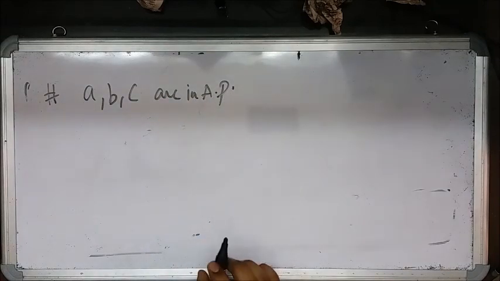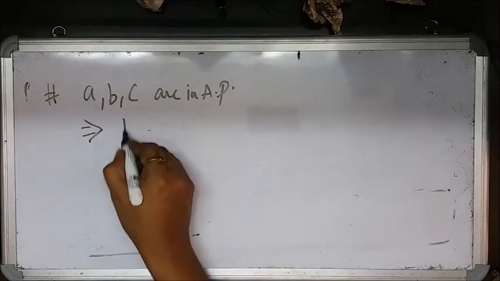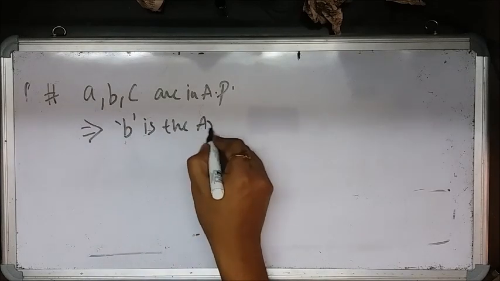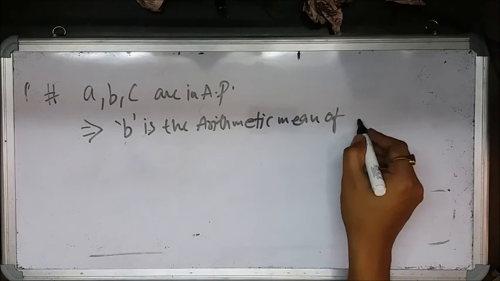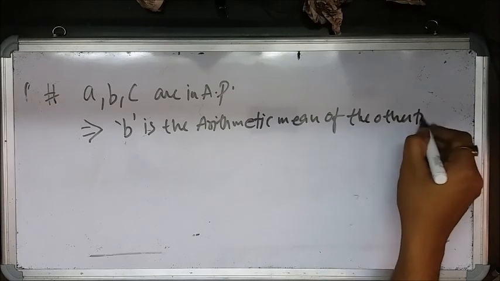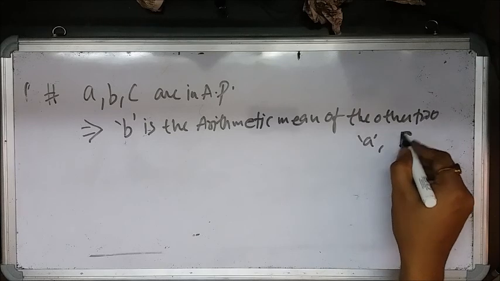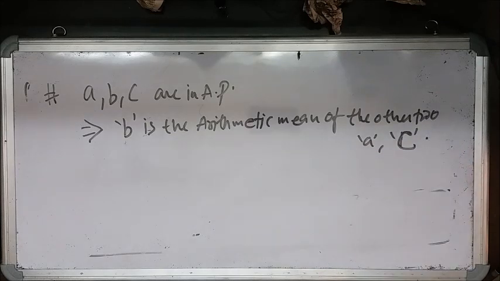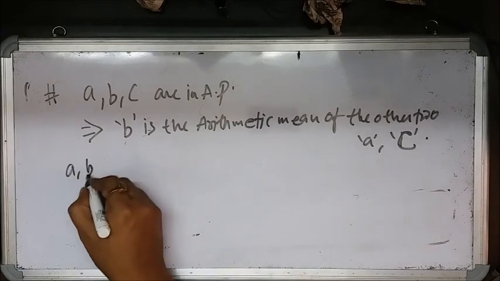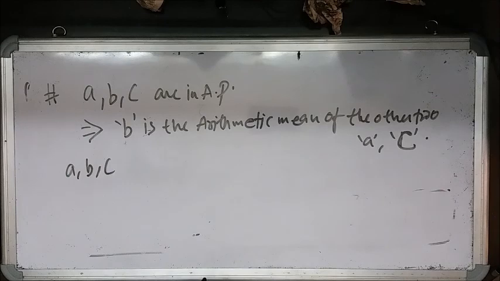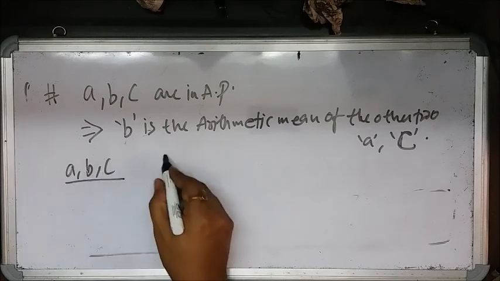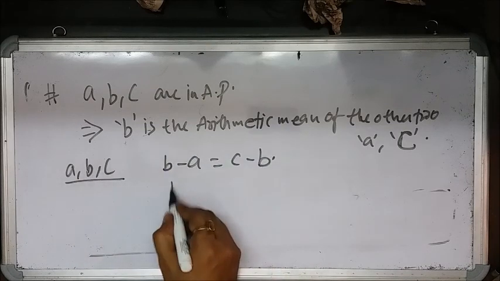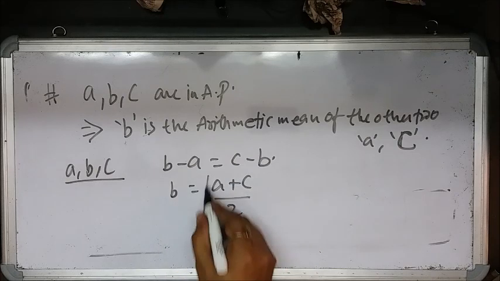If A, B, C are in AP, that implies that B is the arithmetic mean of the other two, that is A and C. So if I ask you to find the arithmetic mean of A and C, then that will be B. So can I say from here that if A, B, C are in AP, B minus A will be equal to C minus B. From here, B will come out to be (A plus C) divided by 2.